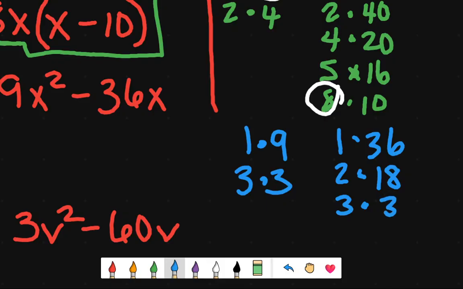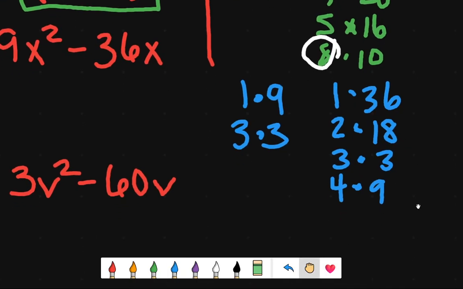The largest factor of 9 is 9, so we keep going. 4 times 9 would give us 36. 6 times 6 would give us 36.